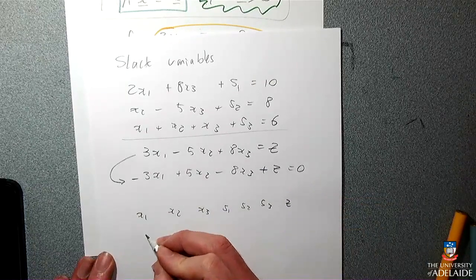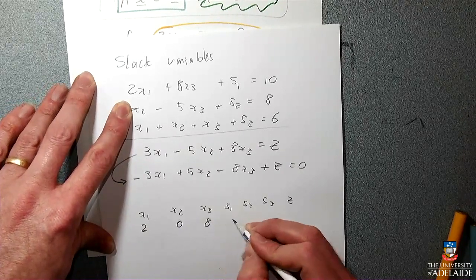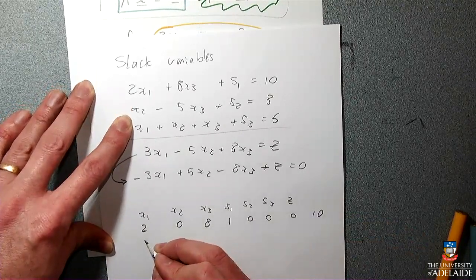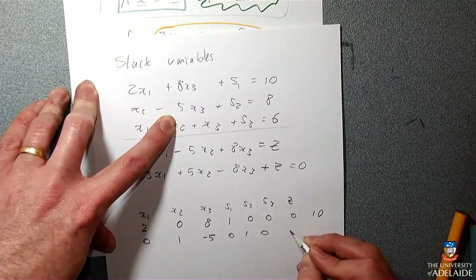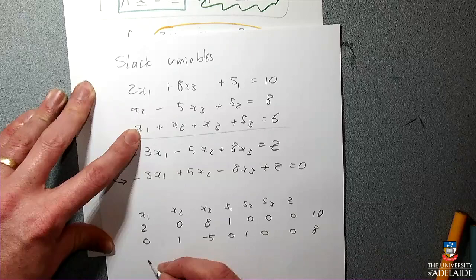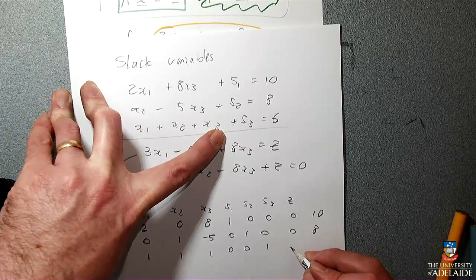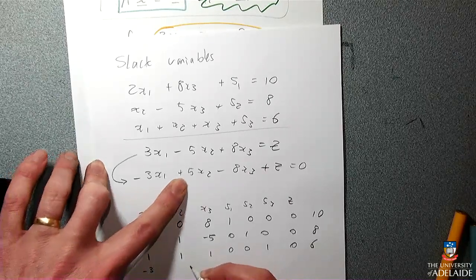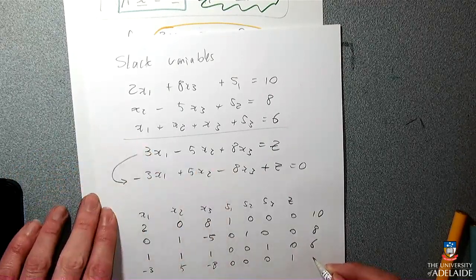And we have 2x1, no x2s and 8 x3s and 1 s1 and none of the others equals 10. 1 no x1s and 1 x2 and minus 5, and that's equal to 8. 1, 1, 1, no s1s, no s2s, 1 s3, no z's, and that equals 6. And then finally minus 3x1 and 5x2 and minus 8x3 and none of any of these and 1z equals 0.